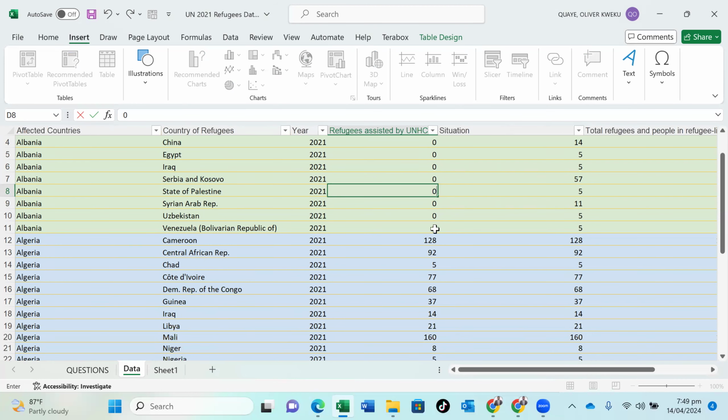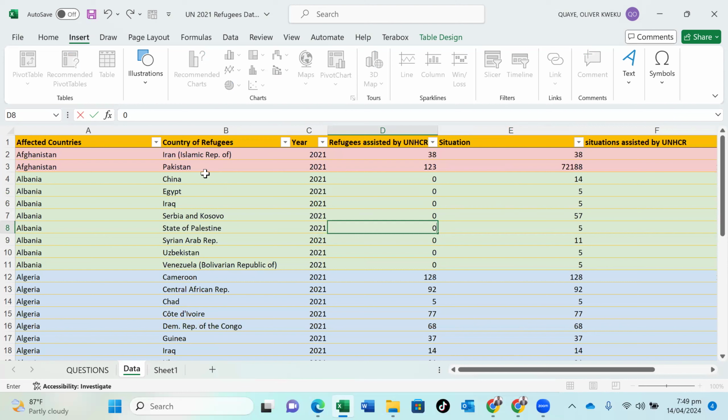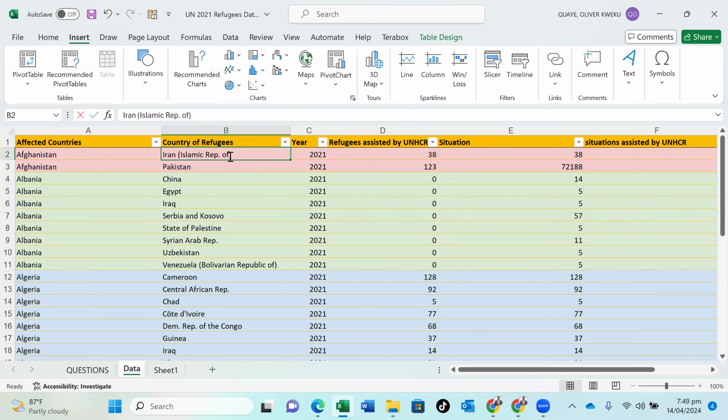Now, I see Iran, Islamic Republic of, right? In data science or data analysis, we have something called ambiguity of data, right? We don't need too much information. That's why we use descriptive statistics to always aggregate and summarize our data, right?